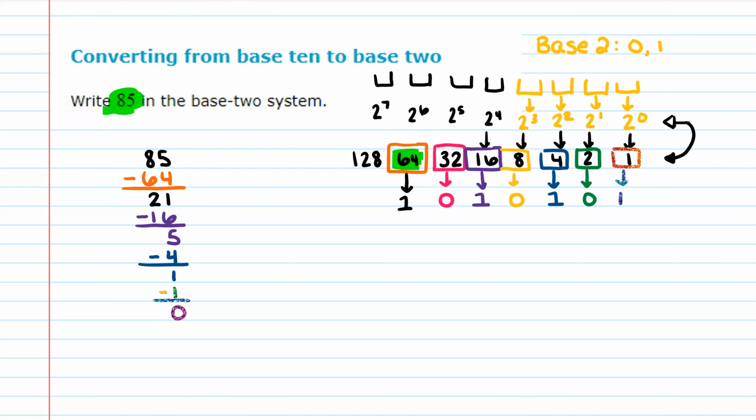So you might have to subtract it 2 or 3 times before you get to a number smaller than it. So to write 85 in base 2, I would write 1, 0, 1, 0, 1, 0, 1. And that's in base 2.